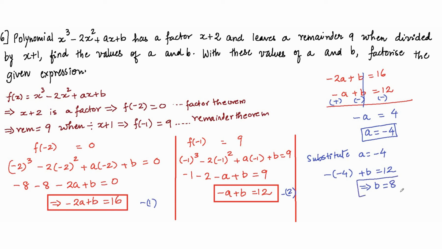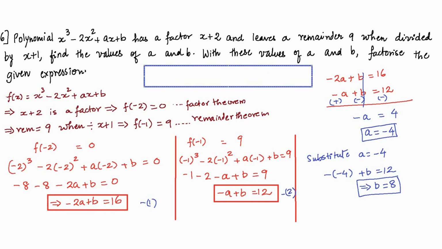So I got the values of a and b, which means I can now rewrite my given polynomial. The given polynomial is therefore f of x equals x cube minus 2x square. A is negative 4, so negative 4x, and b is positive 8, so plus 8. And this is the required polynomial.